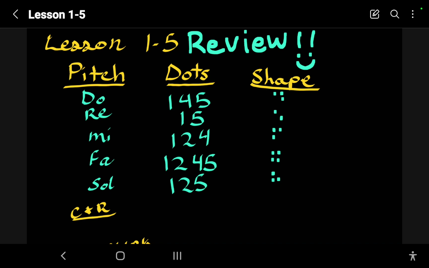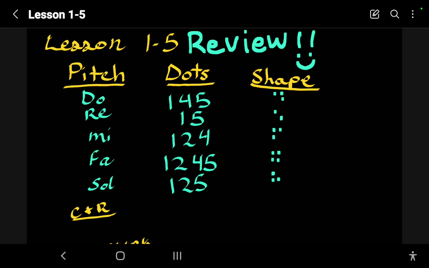And number 6, oh, I forgot to mention pause after that one, sorry. Number 6, here's Do for the first one. And here is the melody. Pause.